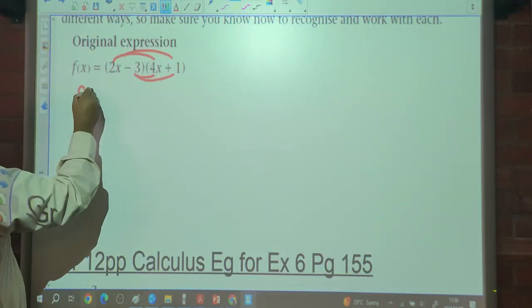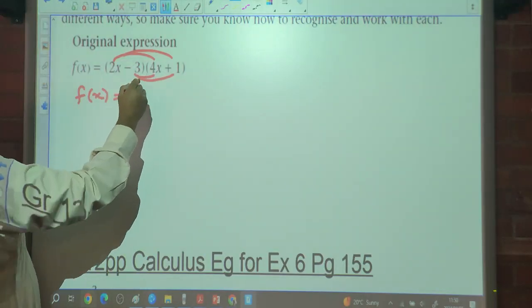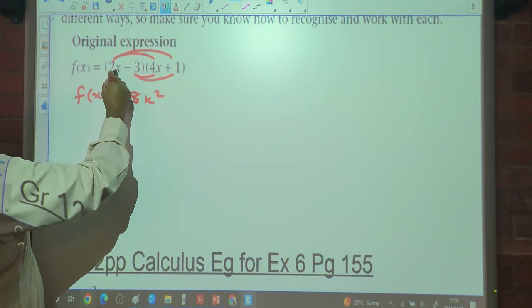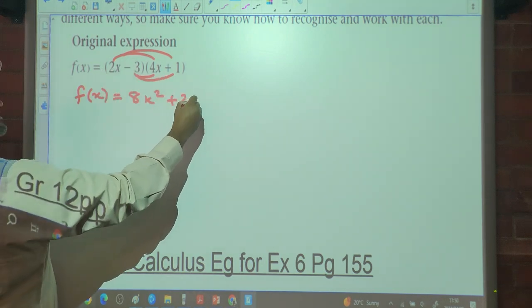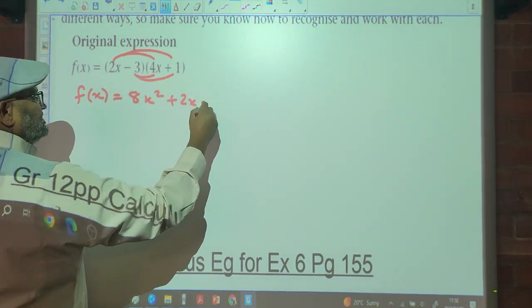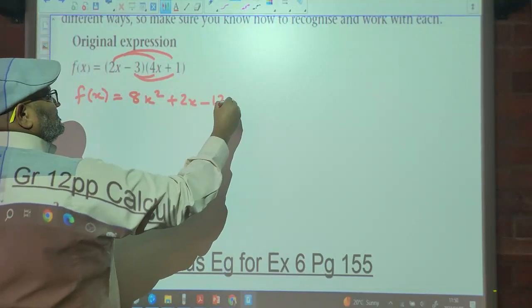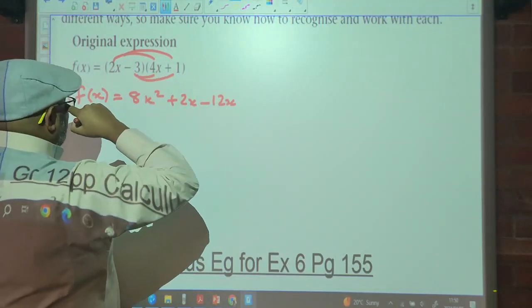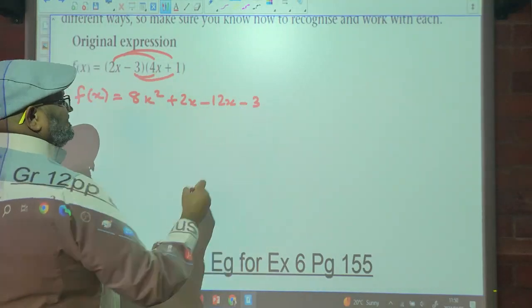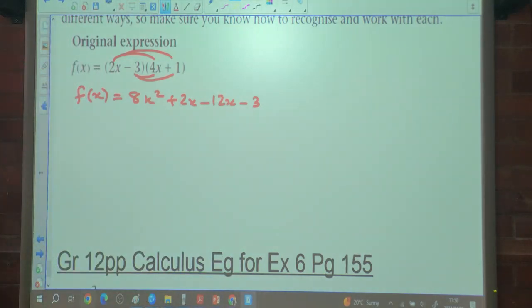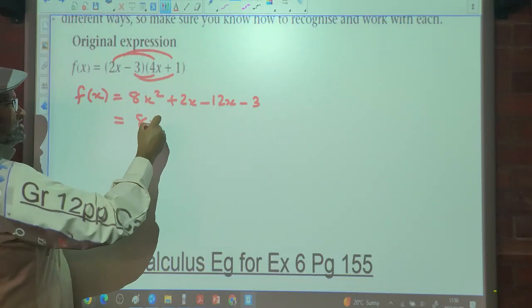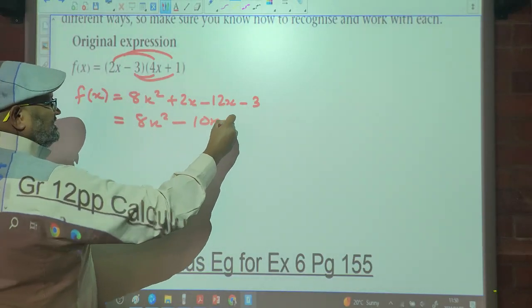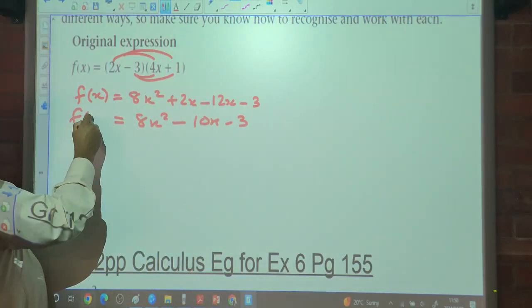So f of x is equal to 8x squared. What's 2x times 1? 2x. What's negative 3 times 4x? Negative 12x. What is negative 3 times negative 1? Negative 3. Are they like terms? Yes. So it's going to be 8x squared minus 10x minus 3.